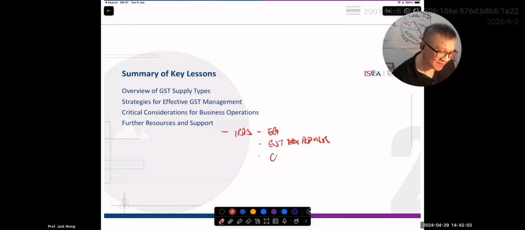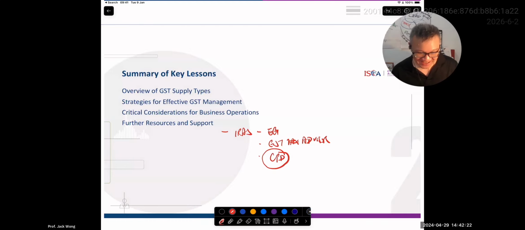Number 3, remember CPD. Once you become a chartered accountant, ISCA itself gives you quite a lot of CPD opportunity, all the CPE courses on GST, and you can continue to update yourself with the changes to the GST laws and regulations.